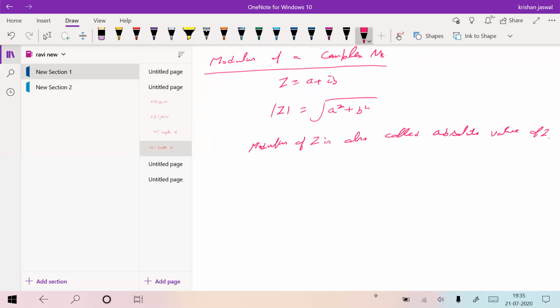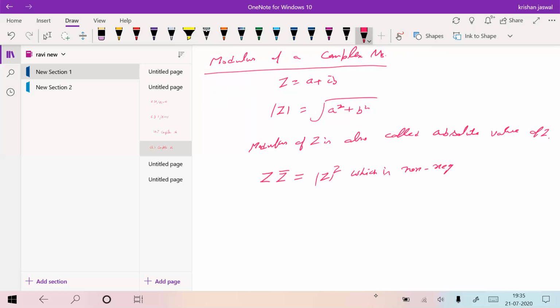And if we multiply a complex number with its conjugate, then our answer will be the square of the modulus of the complex number, which is always a non-negative real number.